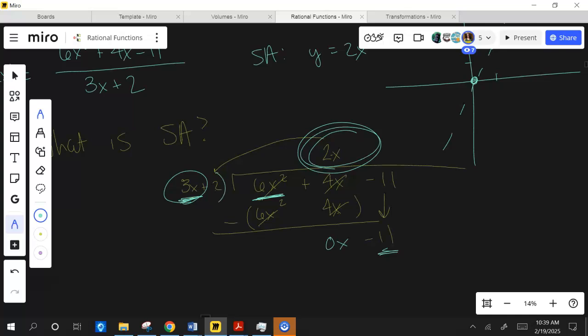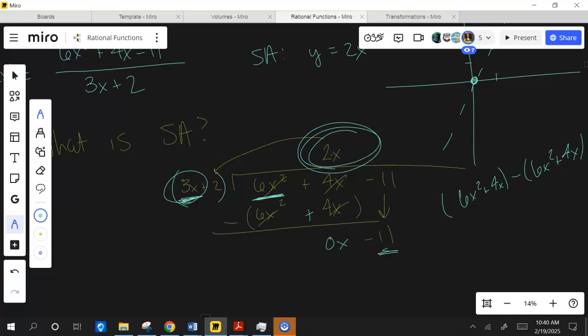It goes to everything. But you're subtracting all of it. So what I'm really saying is 6x squared plus 4x minus 6x squared plus 4x. 0.